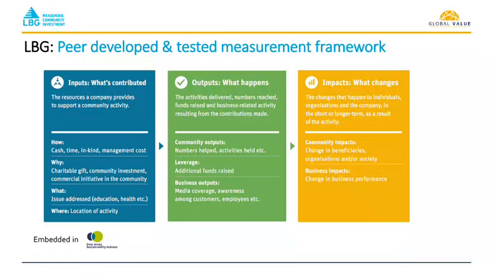And we don't just look at the impacts on people, we also look at the impacts on the organizations that companies work with in the community. We have various indicators around capacity building, around whether working with the company has enabled charity organizations, community organizations or schools to deliver new or better services, whether they've been able to take on more staff or more volunteers, whether they've been able to reach more people, and so forth.